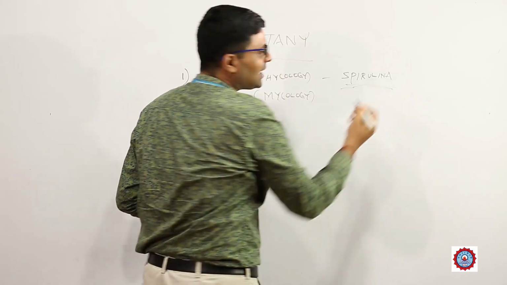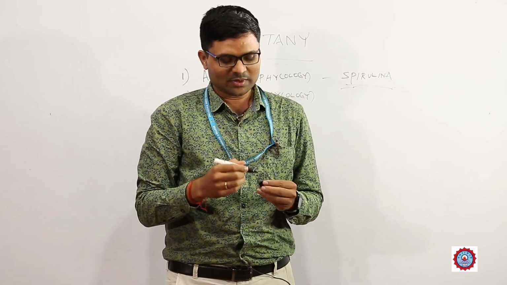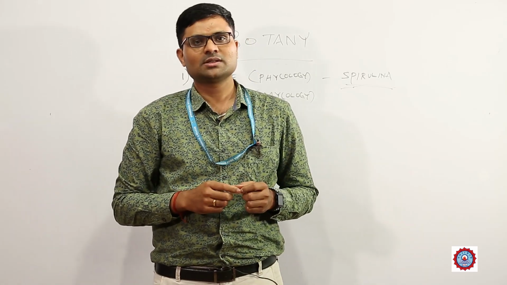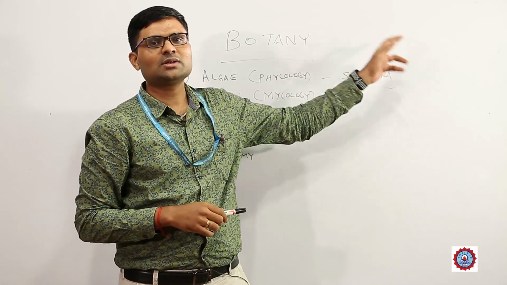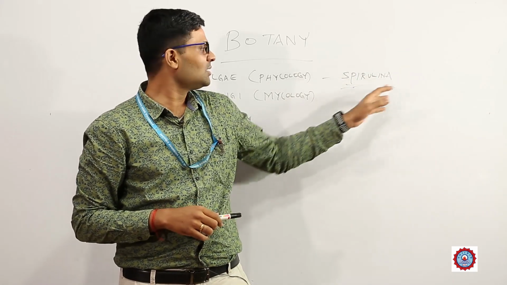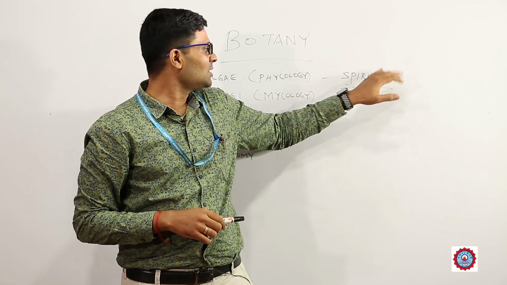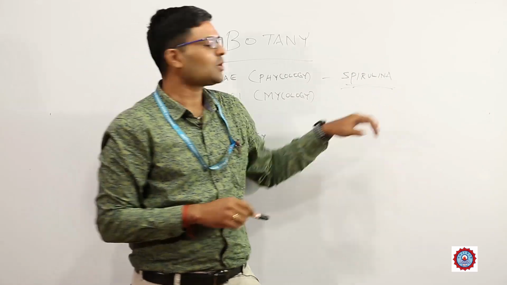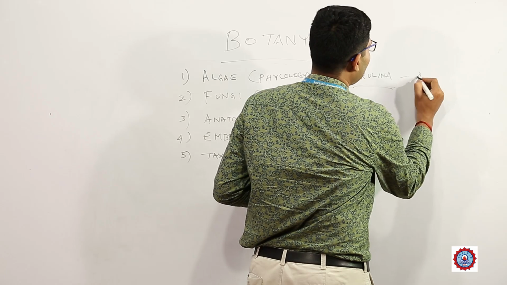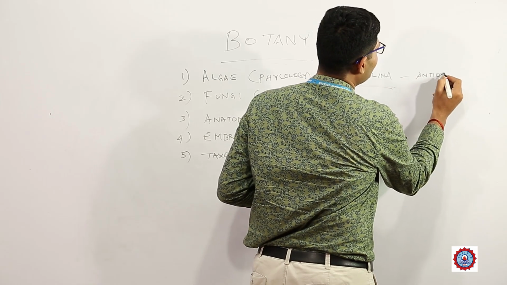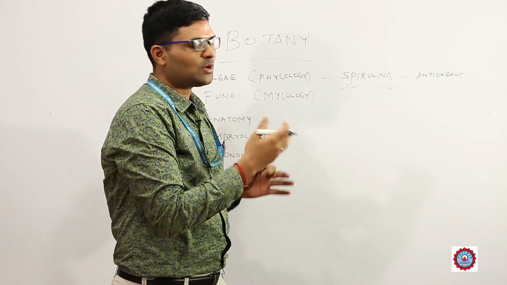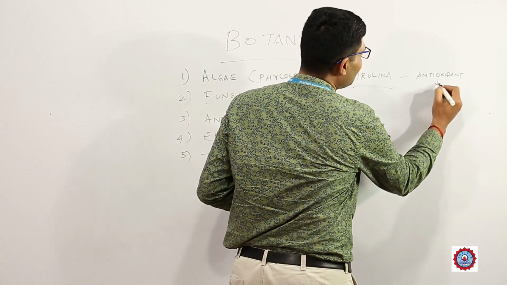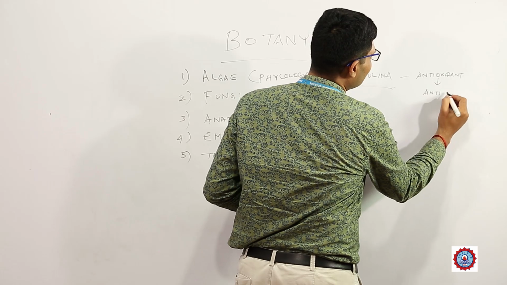This particular alga has been very famous among nutritionists. For the past 2 decades, spirulina has been going around the world literally because it has more antioxidant properties. In simple terms, it deals with anti-aging, right?